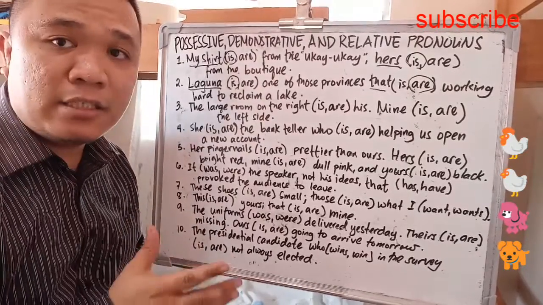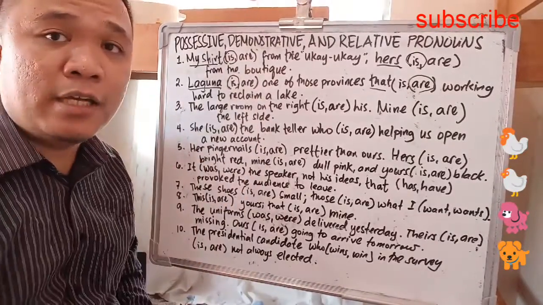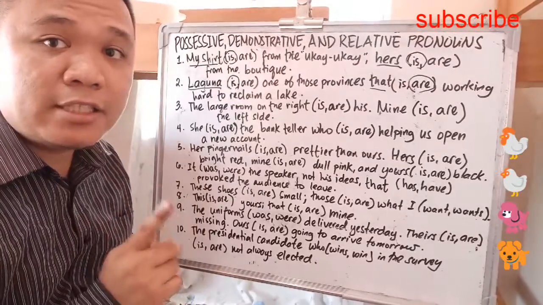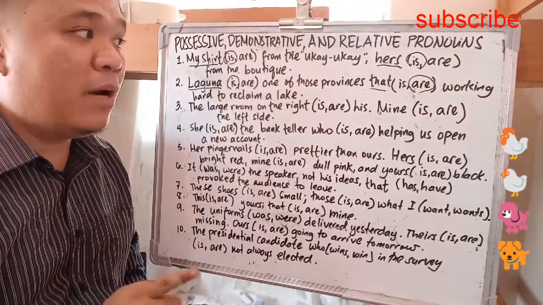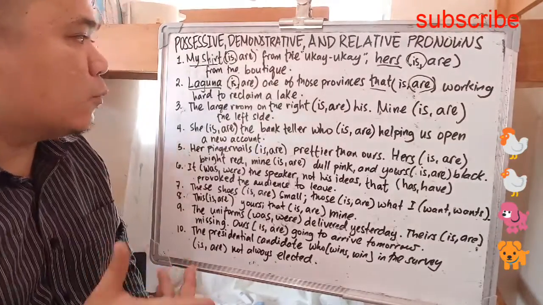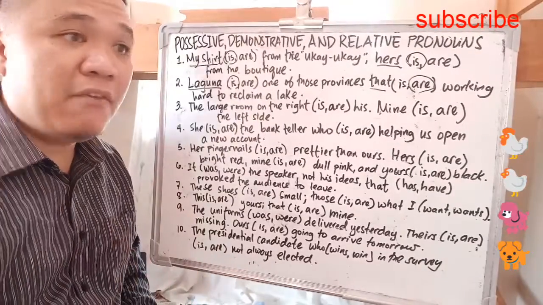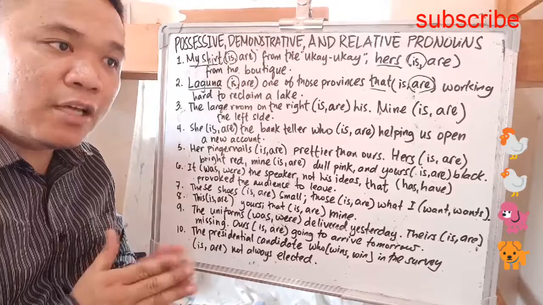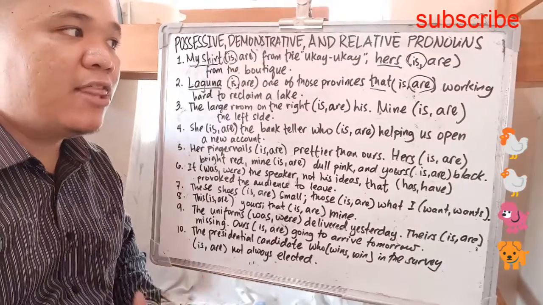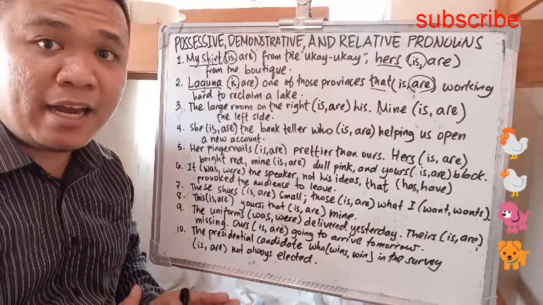Why not is? Because it would refer to Laguna. And remember, Laguna is just one of the provinces, so not just Laguna, there are many provinces that are working hard to reclaim the lake.